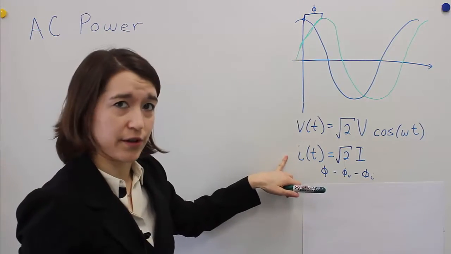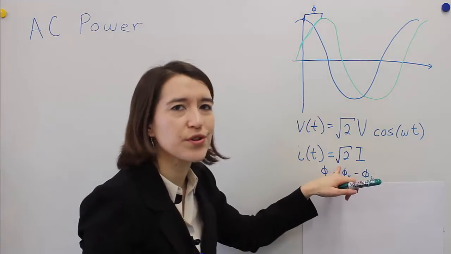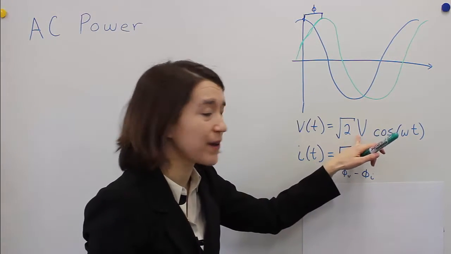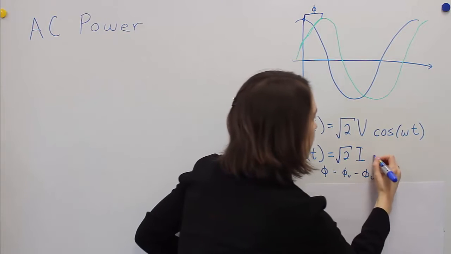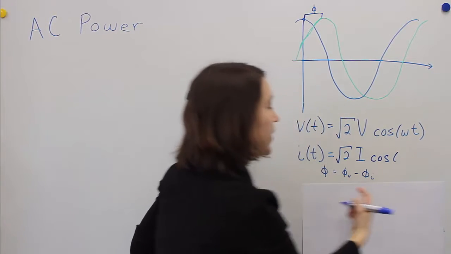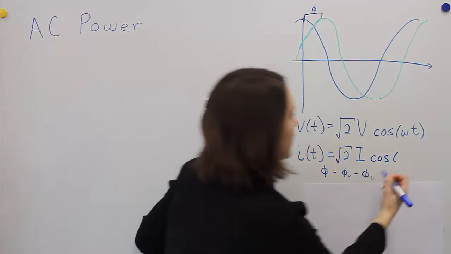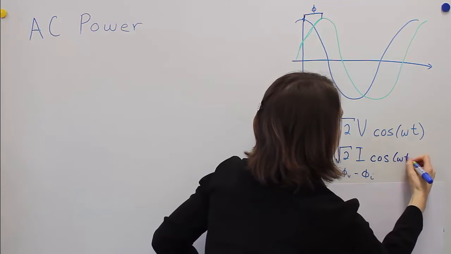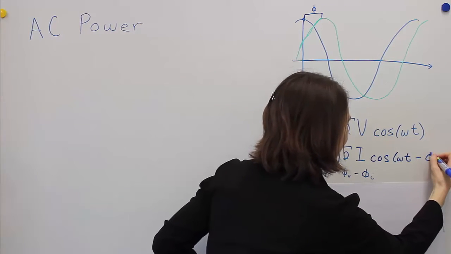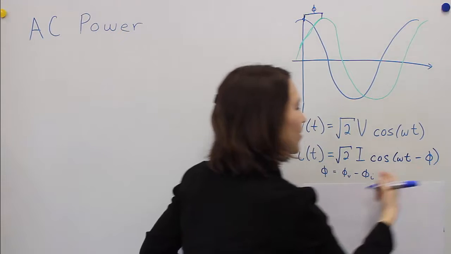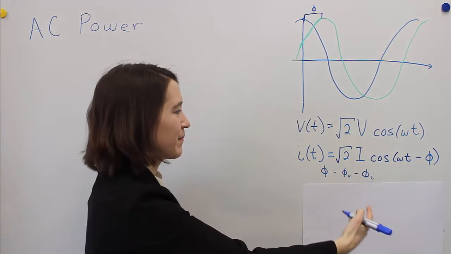So we're going to draw the current waveform. We're using these root 2's because these are the RMS values. Again, here we're going to use cosine, but now we have a phase shift. If you do all the math again, you'll see that you actually want to subtract the phase shift here.